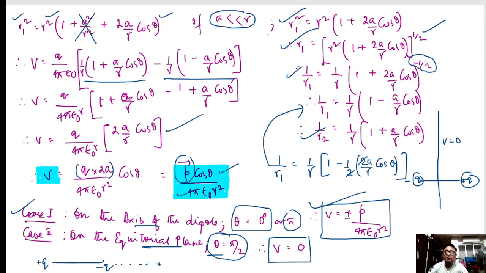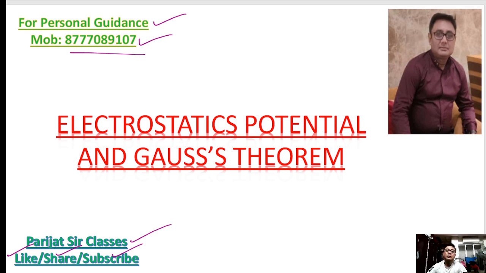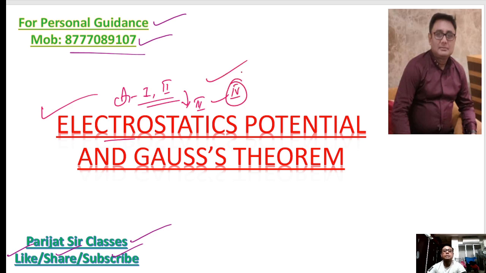Okay, so with this we finish the full chapter of the potential, and I would again request you, please go through the other chapters of the electrostatics, chapter 1, 2. First go through this, because only then will you understand this chapter 3, and after that we have chapter 4 of capacitance. So please go through these chapters, then only you will have a link and be able to understand.